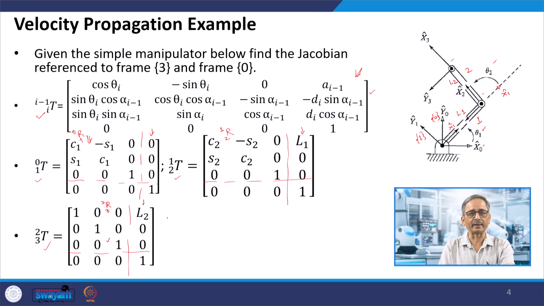So this way I can write these transformation matrices. It is a simple problem. If you are interested, we can do it trigonometrically as well. Maybe in a later slide I will explain how we can do that.